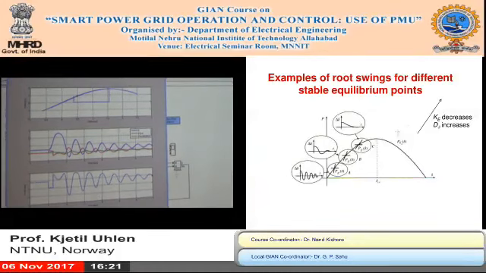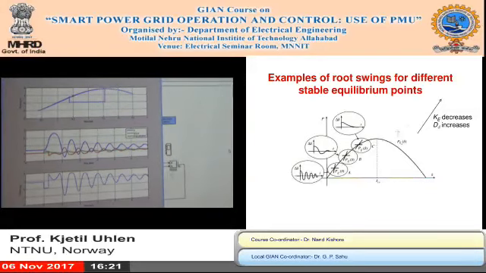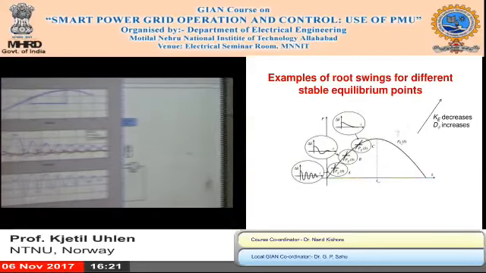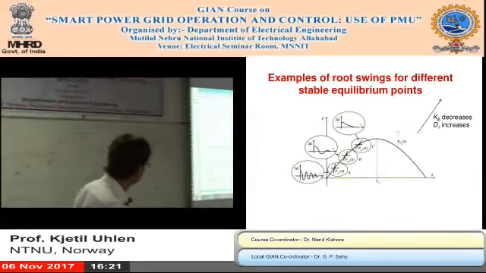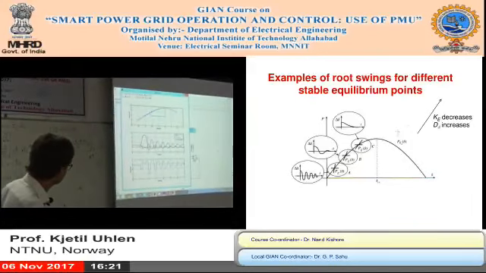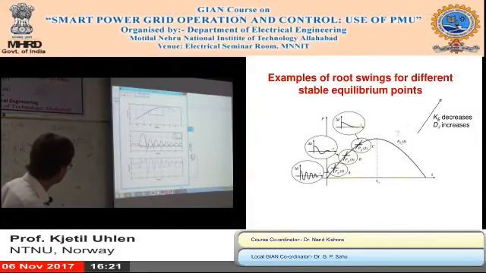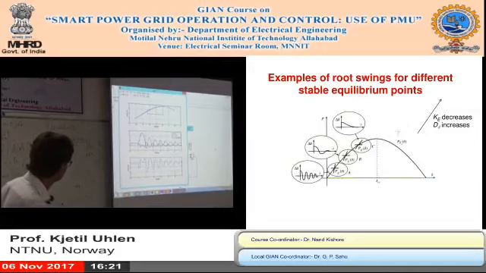First of all, what you see here is something strange in the start. Power has a dip here. It's because it oscillates above the top here, and it comes down again, gets down and up again, and then goes up here and down.